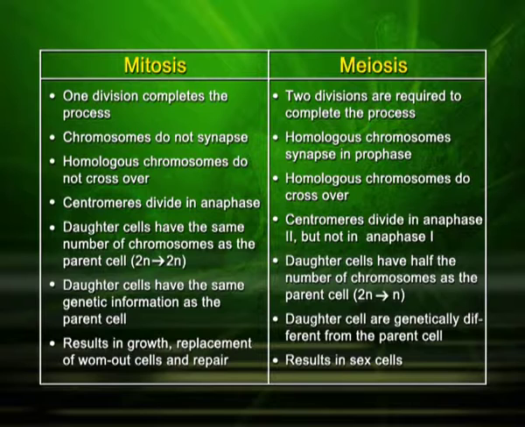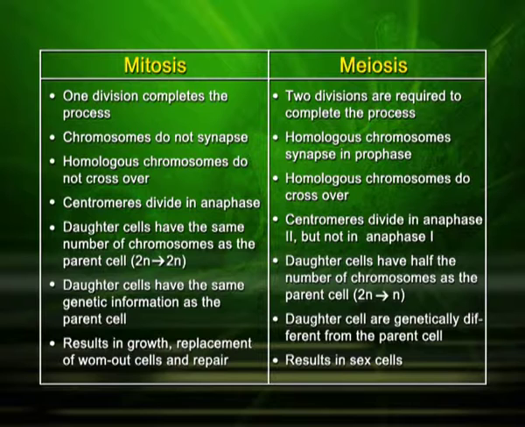A diploid cell gives rise to 4 haploid cells. In mitosis, daughter cells have the same genetic information as the parent, whereas in meiosis, daughter cells are genetically different from the parent cell.